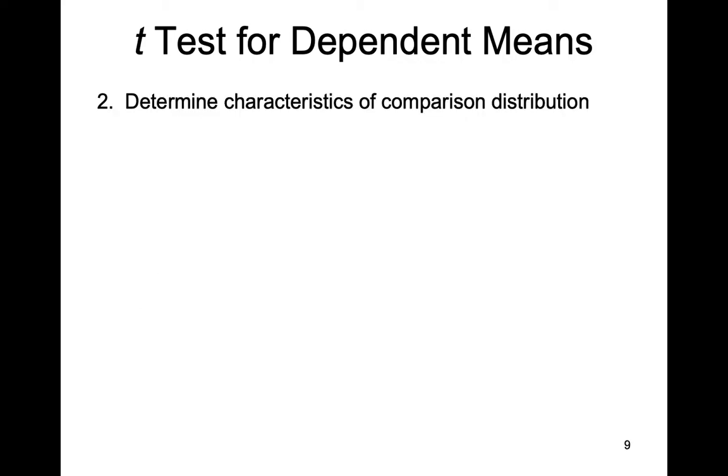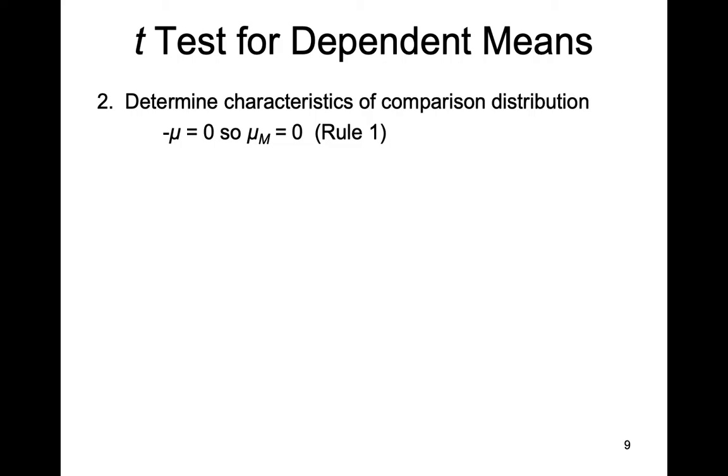Step number 2 is to determine the characteristics of our comparison distribution. Under the null hypothesis, for a t-test for dependent means, we're always going to hypothesize that on average, whatever treatment, whatever intervention we're trying, is going to have no effect.